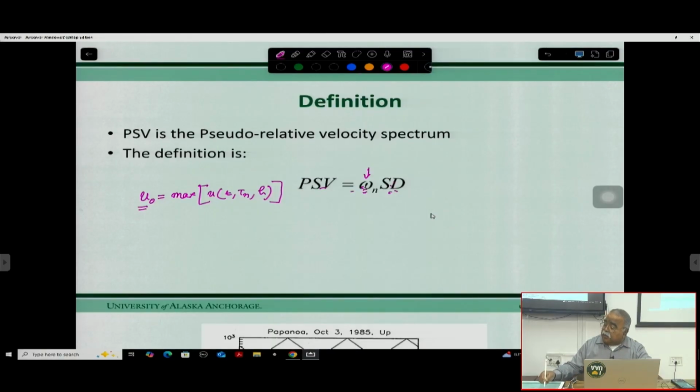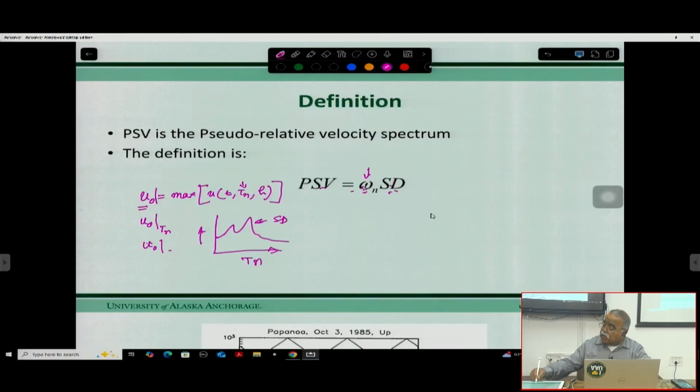Then vary the Tn value only and calculate different U0 at different Tn values. Then you plot these Tn and U0 values, so you can plot Tn versus your U0 values. That will be your spectral displacement, right?